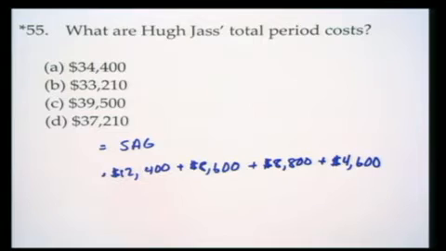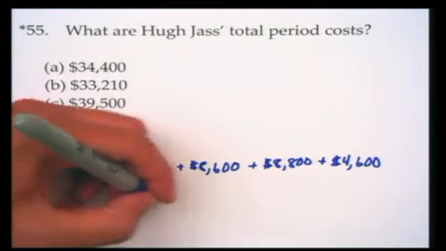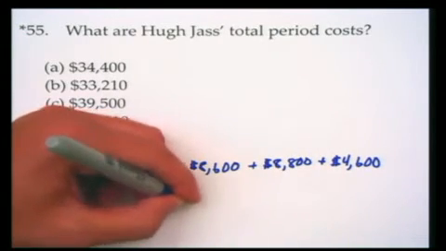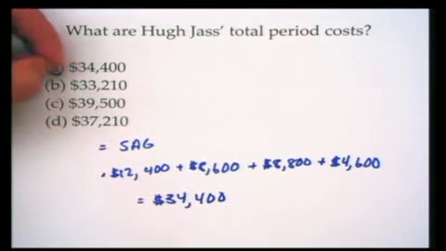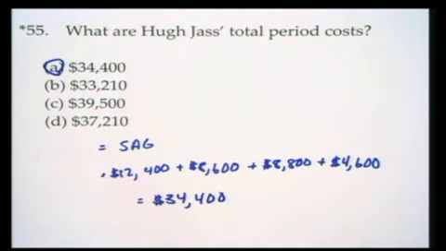So $12,400, we got $8,600, we got $8,800, we got $4,600. Lo and behold, that will give you $34,400.